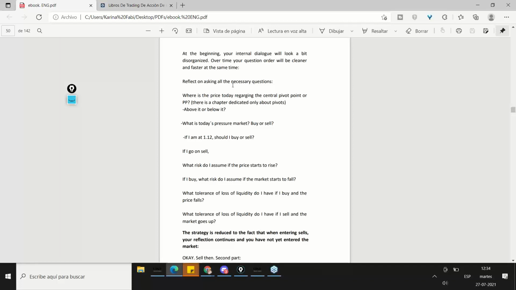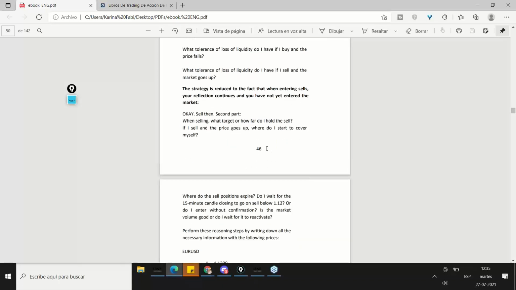So my proposal here is, you ask yourself the right questions before you jump in the market, before you sell, before you buy. Because your inner conversation when you trade is the most important setup. It's the most important setup before you do anything. Okay, so that's the little proposal that I give you on page number 46.